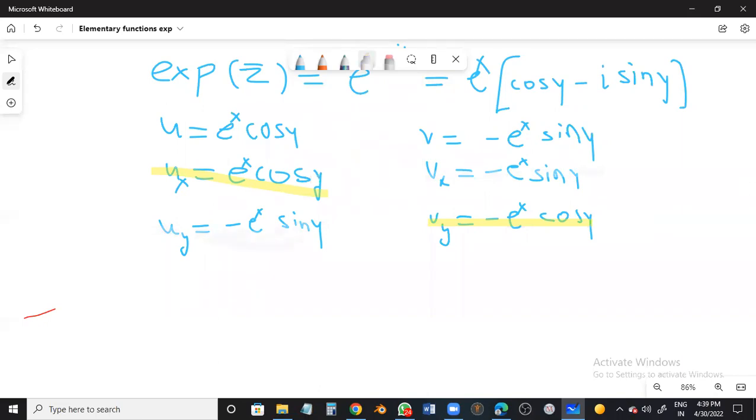Did you get my point? Cauchy-Riemann equations do not hold. What is your requirement? Your requirement is ux must be equal to vy. Whereas you are getting ux is equal to minus of vy. And uy is equal to minus vx. Here you are getting both are equal. Okay. So Cauchy-Riemann equations do not hold.